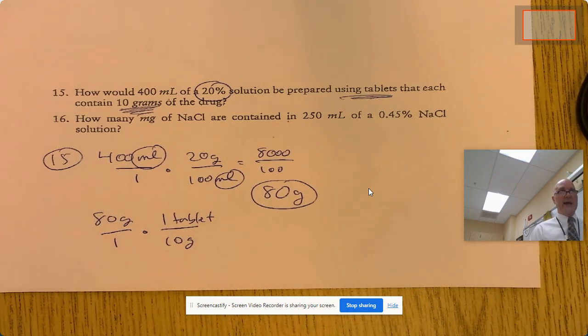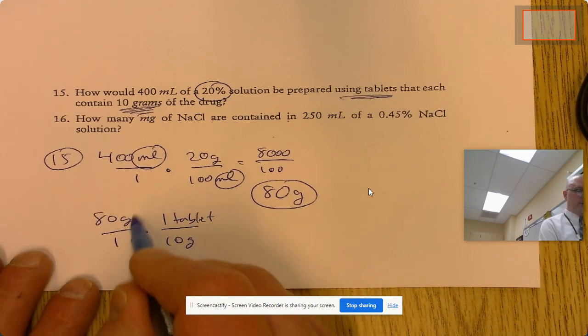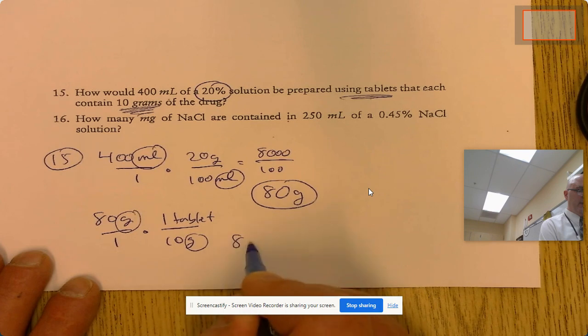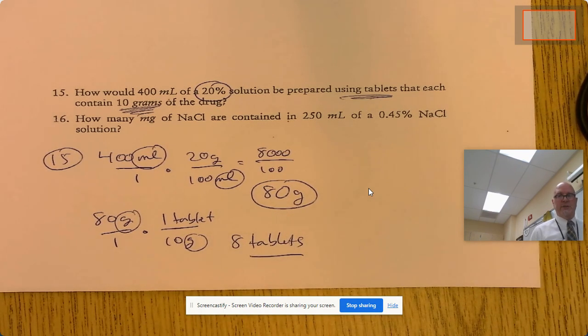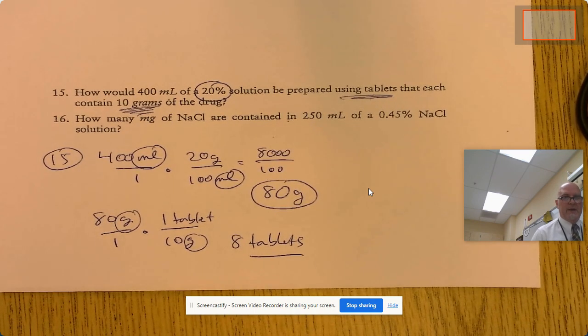And I want to know how many tablets I'm going to drop into the liquid. This is back to normal. 80 grams, doctor's order, 10 grams per tablet. Grams go away, and the answer turns out to be 8 tablets. So during class yesterday, that one made a lot of people a little frustrated. But there is the answer for that one as you go through the list.